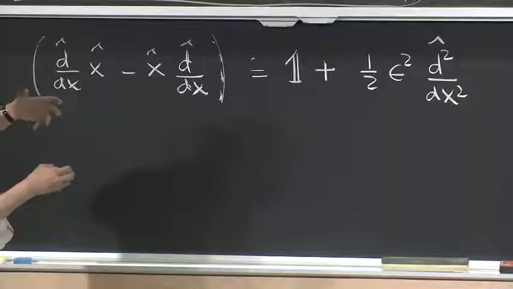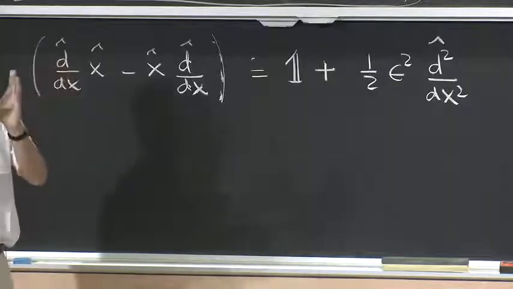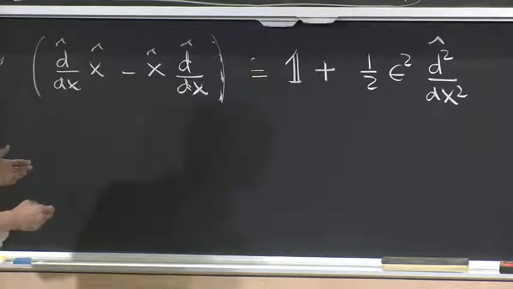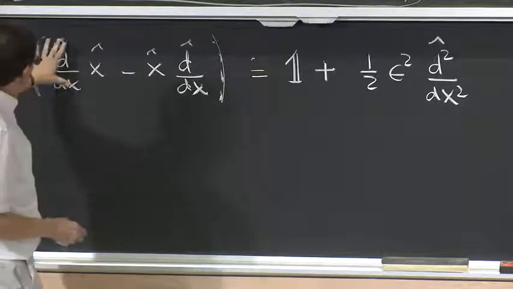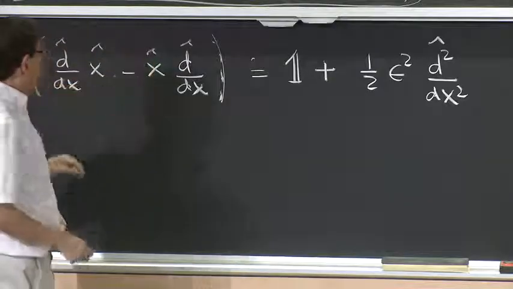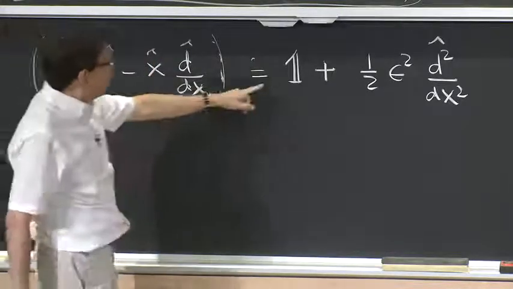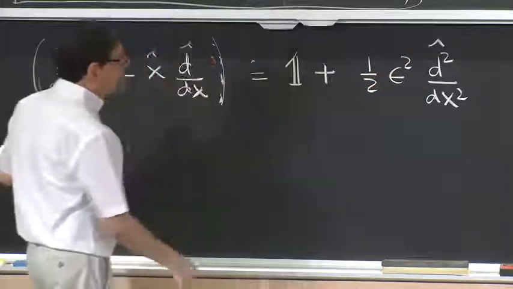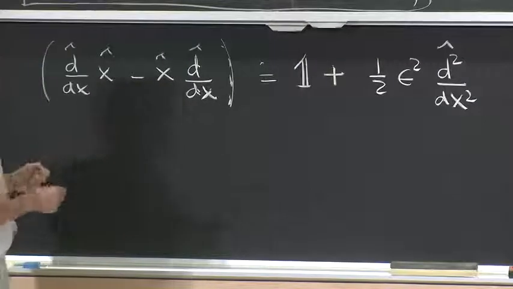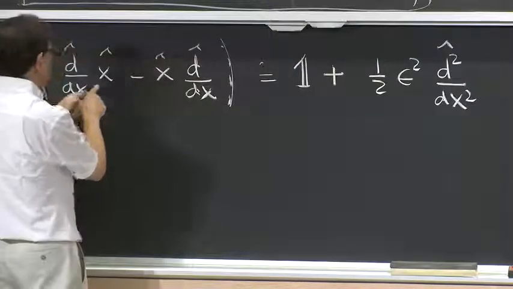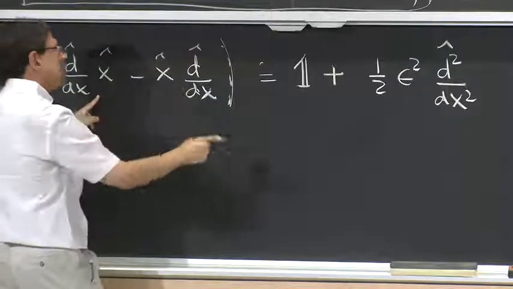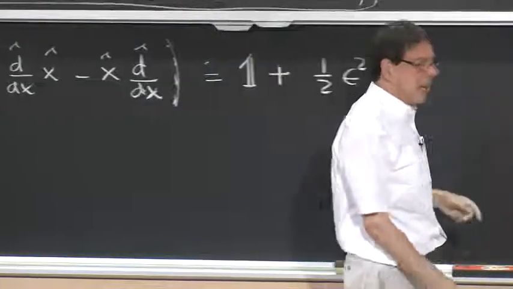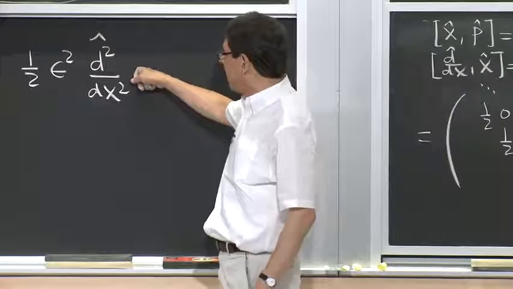So, given that we kept this epsilon finite, it's a regulator, it's not 0, you didn't get with these matrices that depended on epsilon, you didn't quite get the one that you wanted, but you got an epsilon squared second derivative term, and if you took epsilon smaller and smaller, you do indeed reach a limit in which these infinite matrices commute to be equal to 1, and you can neglect this as long as the functions don't have infinite second derivatives.